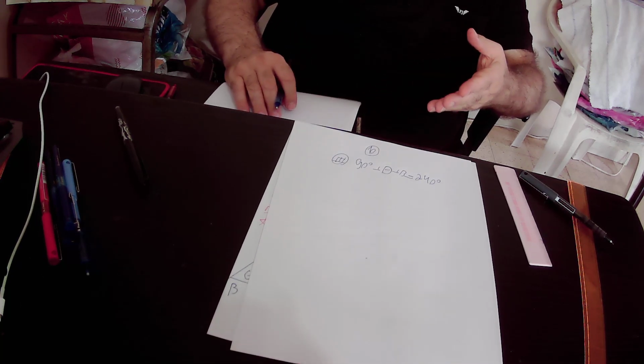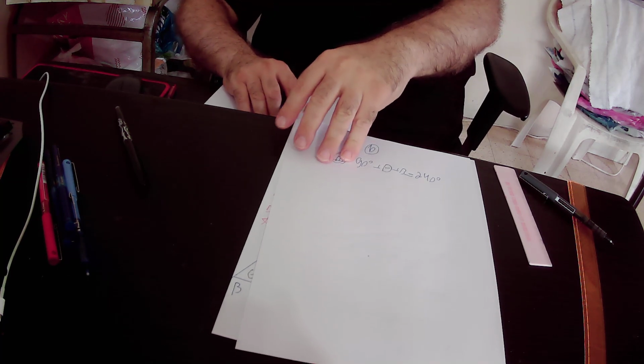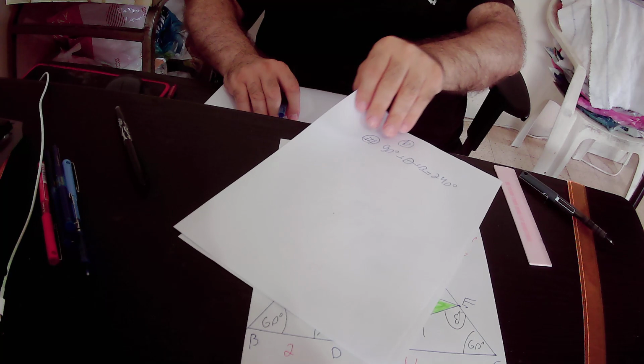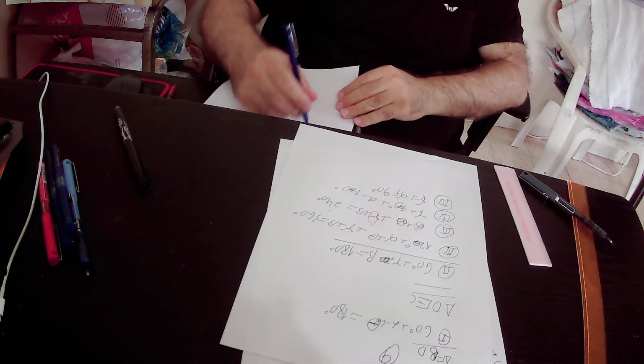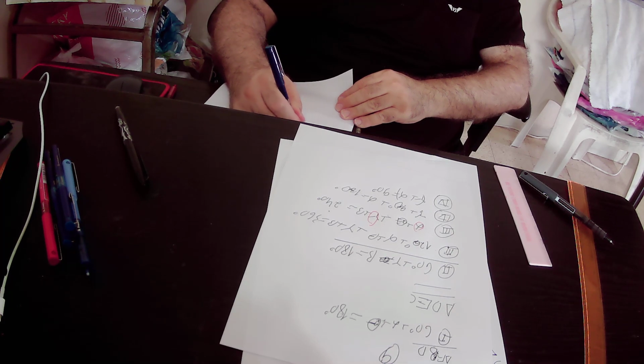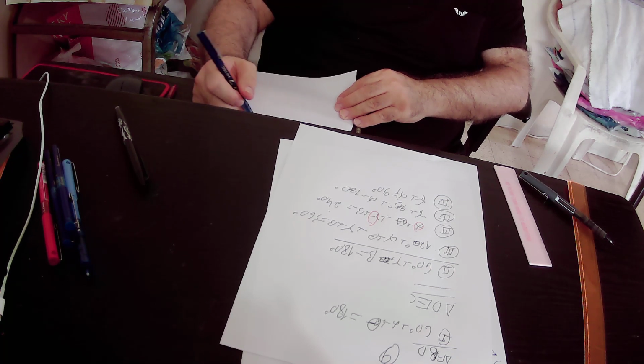Here we can subtract 90 degrees from this equation, and we will get that theta plus beta equals 150 degrees.